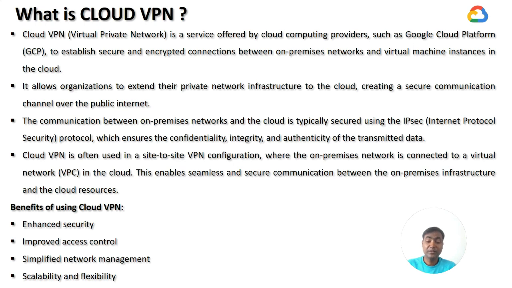If one tunnel becomes unavailable, traffic is automatically rerouted through the alternate tunnel. Cloud VPN can integrate with other networking services offered by the cloud provider such as VPC network, Cloud Router for dynamic routing, Identity and Access Management, IAM, for access control and more.